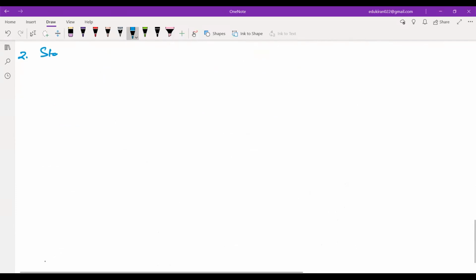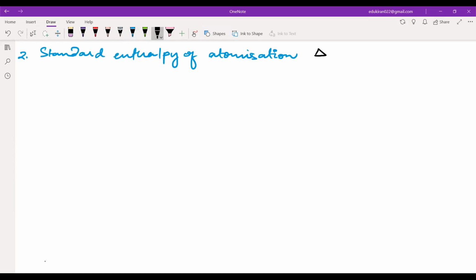Standard enthalpy of atomization, which is represented as delta H naught A. Now, in standard enthalpy of atomization, what will happen? I'm writing some H2.